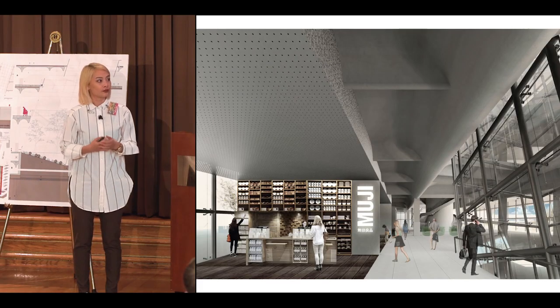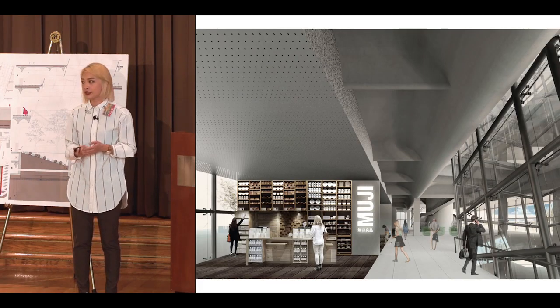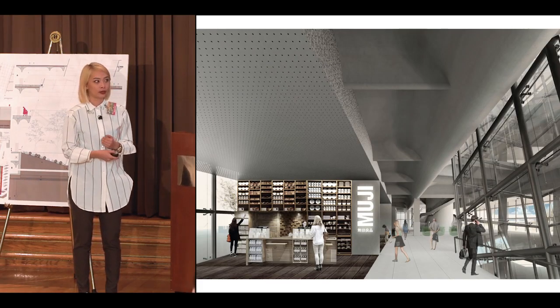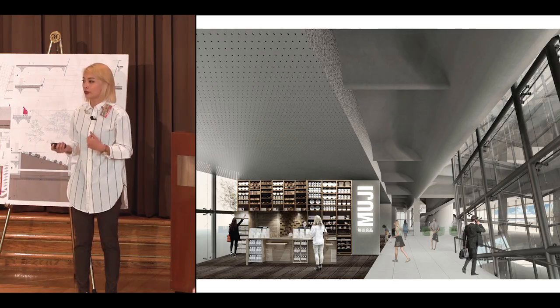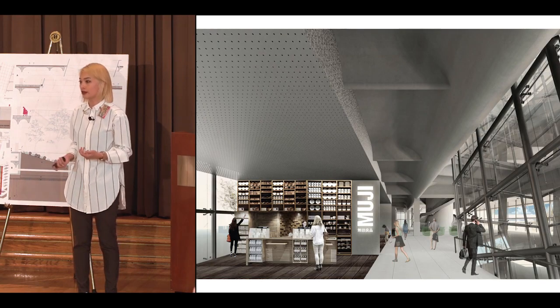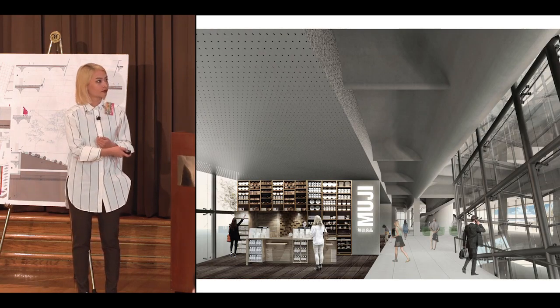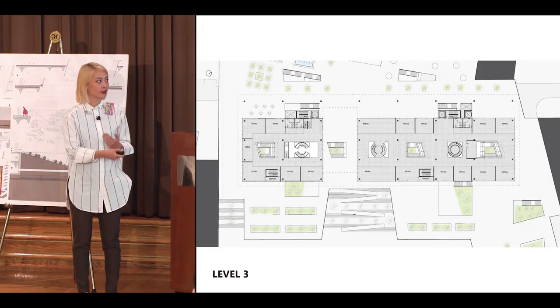And so here's one of the views of the retail spaces. And when I was talking about how these become organizers for wayfinding, since there are 3, you can identify where you are in the building according to where those are. And so level 3 is another level of retail and a lot of area for lounging, people waiting.